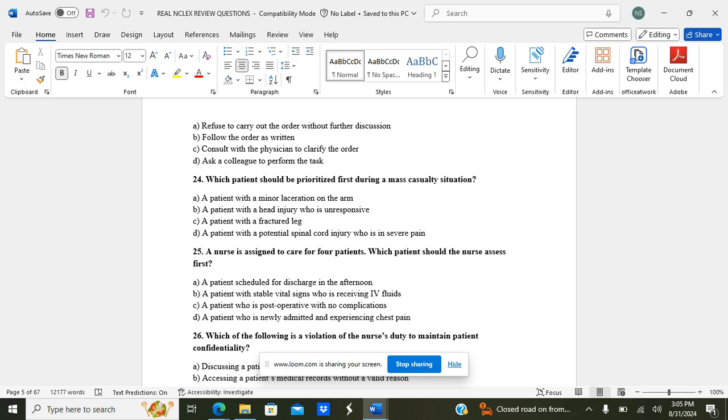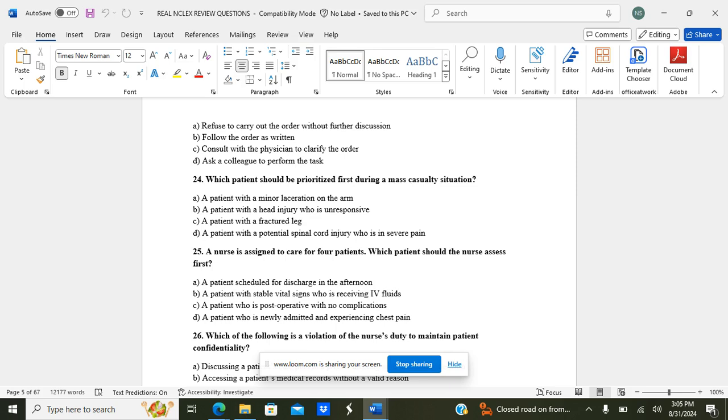Okay, let's see. Which patient should be prioritized first? A, a patient with a minor laceration on the arm. No, you don't need to care about this patient. It's something very light. B, a patient with a head injury who is unresponsive.